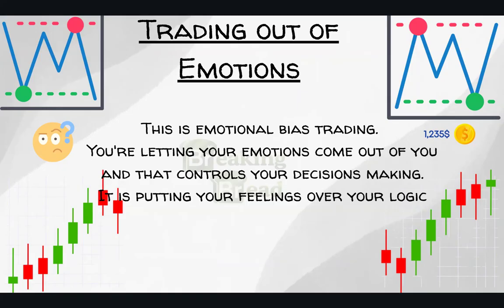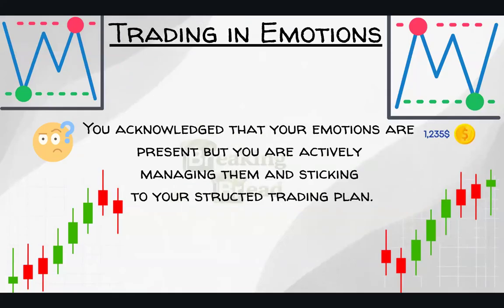And it's putting your feelings over logic. Whereas trading in emotion, you acknowledge that your emotions are present, but you are actively managing them and sticking to your structured trading plan. So you're learning to coexist with them while maintaining your focus on your strategy. So you're emotionally aware rather than denying that they're there.